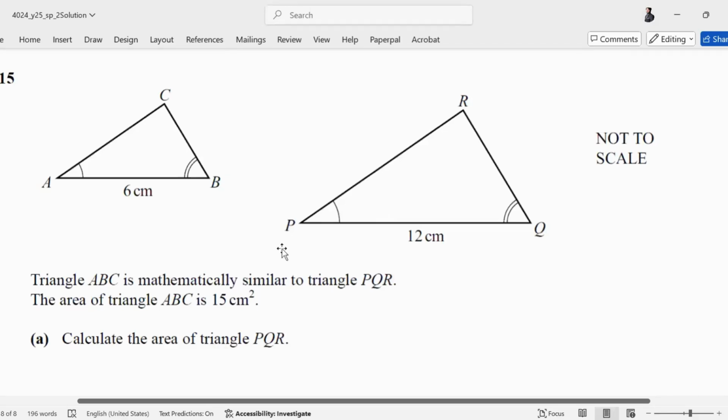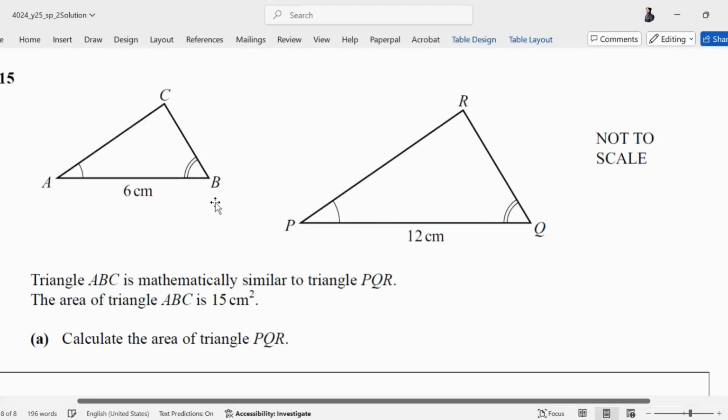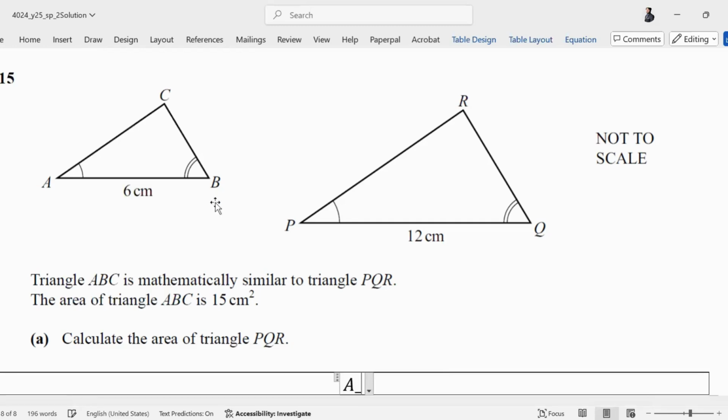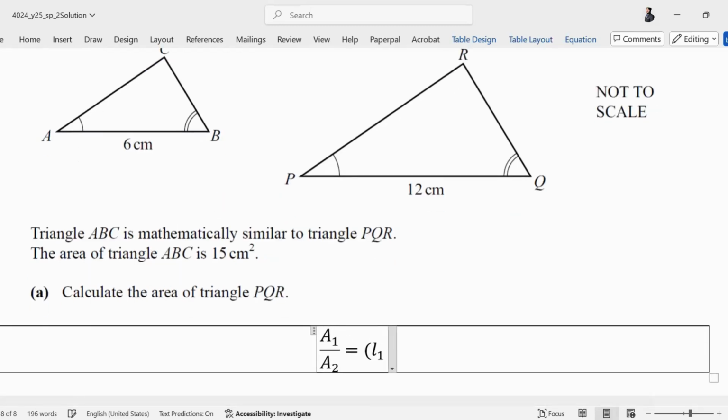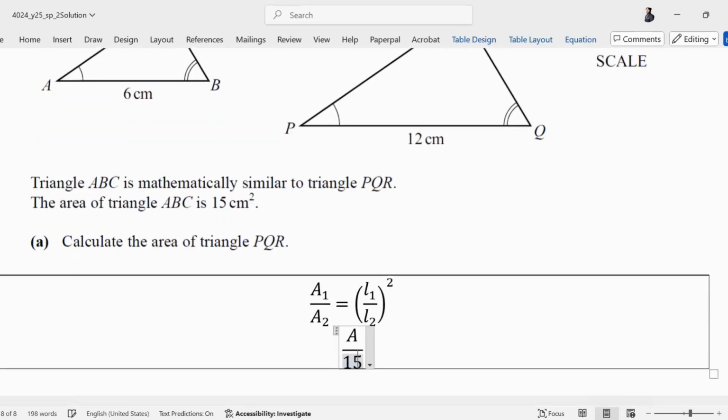So moving on to question 15, triangle ABC is similar to triangle PQR. Area of triangle ABC is 15 centimeters square. Calculate the area of triangle PQR. For similar figures, we know that the ratio of areas can be obtained by taking the ratio of lengths and squaring them. So if I'm saying area of PQR is my A1, my A2 is 15.